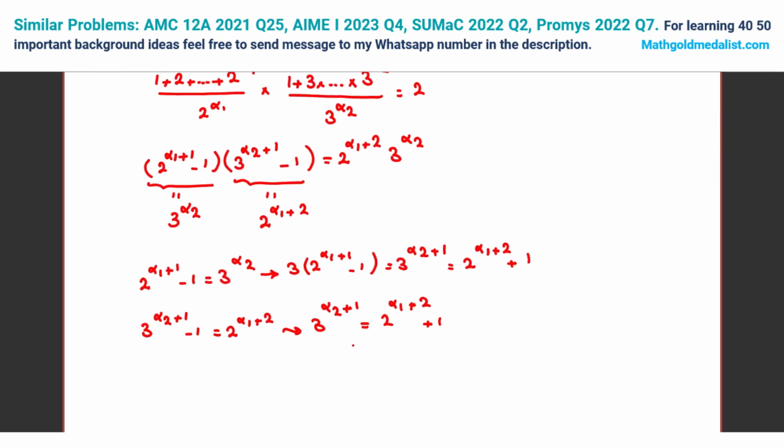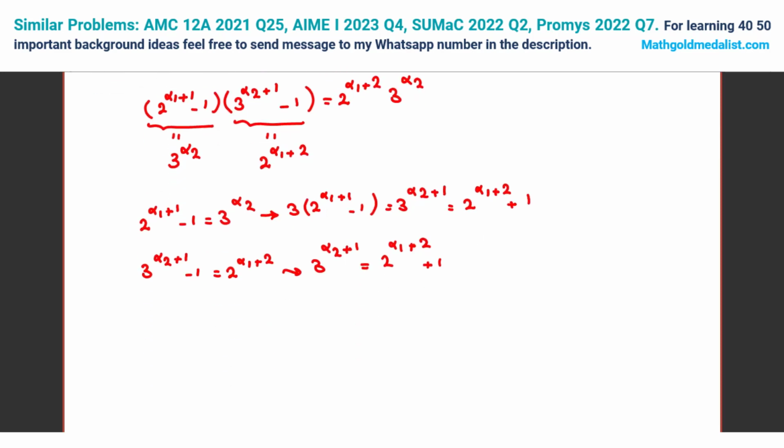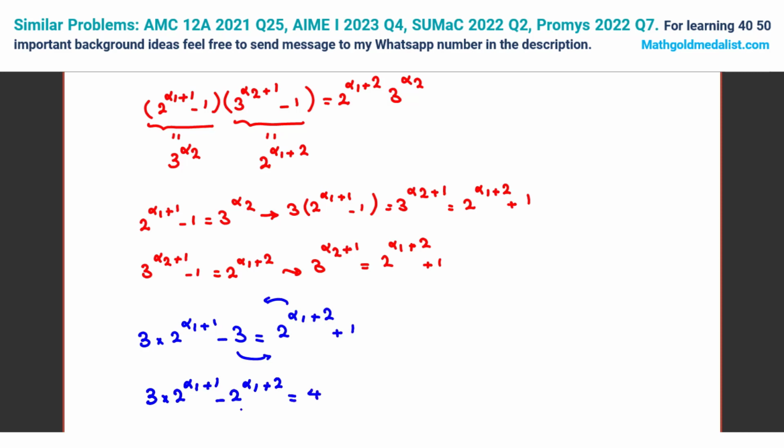Now let's simplify. 3 times 2 to the alpha 1 plus 1 minus 3 is equal to 2 to the alpha 1 plus 2 plus 1. Now if you take this to the left-hand side and this to the right-hand side, it will be 3 times 2 to the alpha 1 plus 1 minus 2 to the alpha 1 plus 2 is equal to 4.